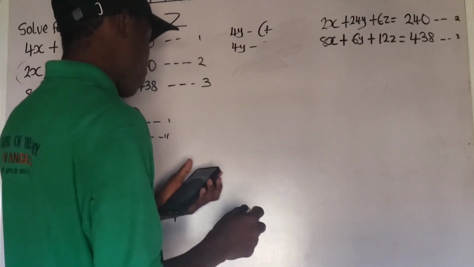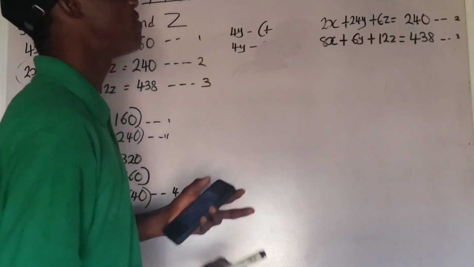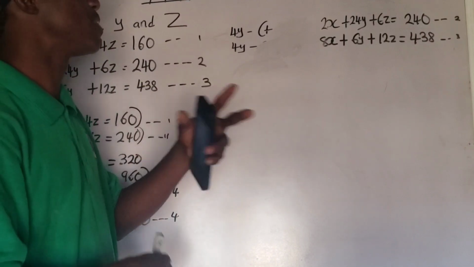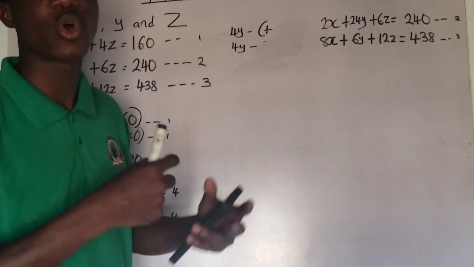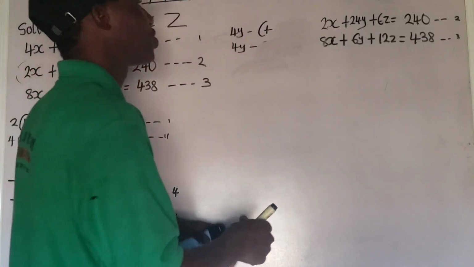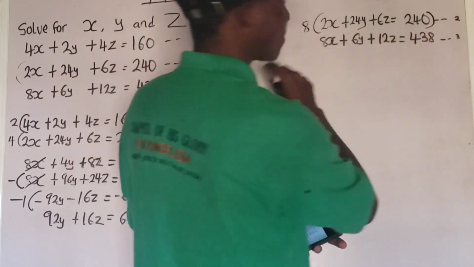To eliminate the value of x, I'm going to multiply the coefficient of x in equation 3 by the whole equation 2, and then I will multiply the coefficient of x in equation 2 by the whole equation 3. So let's multiply this by 8.